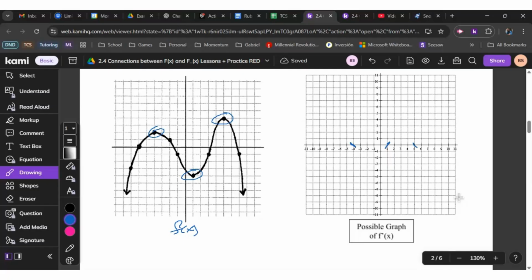At that point, I can at least sketch it. It's not going to be perfect, and we'll learn ways to make it even better later. But for now, we know that that one's going to continue off, and that one's going to continue off. Then it's got to connect the dots, or connect the zeros. Something like that. Make sense? I don't need it to be perfect, but do you get the idea? So we can at least figure out roughly what it might look like.